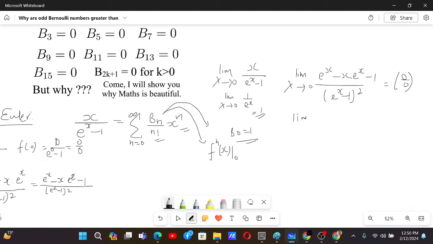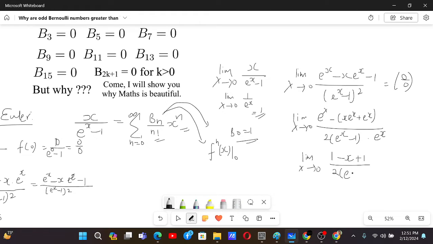That's why we have the limit as x tends to 0 of (e to the power x minus x e to the power x minus e to the power x) by (2 times (e to the power x minus 1) times e to the power x). Now divide by e to the power x, that gives us (1 minus x) by 2 times (e to the power x minus 1).